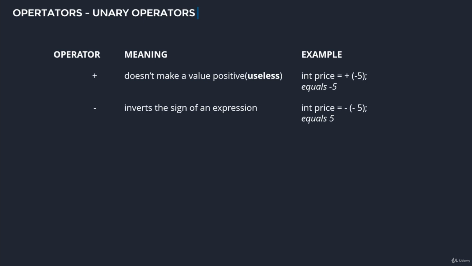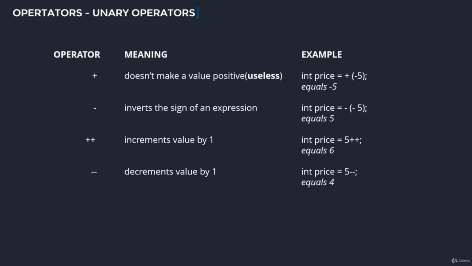Then, double plus sign increases the value by 1, and double minus will decrease it by 1. Both can be used before and after the variable or value. And the last one in this group is the exclamation mark, or invert. It can be used for Booleans to change true to false or false to true.